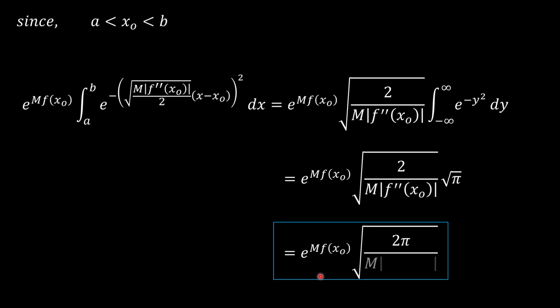So we have the answer being e to the power m f(x naught) times the square root of 2 pi over m times the absolute value of f double prime x naught. And this is an important answer that we are going to use now to solve our integration.